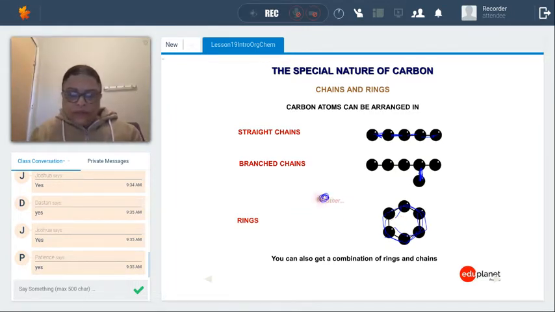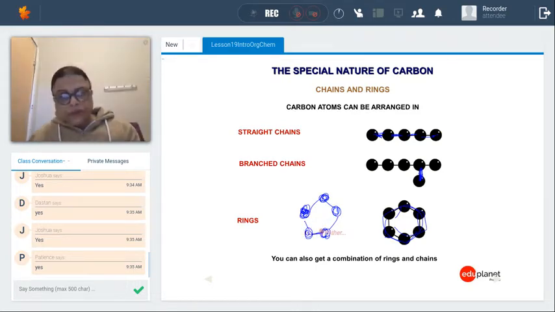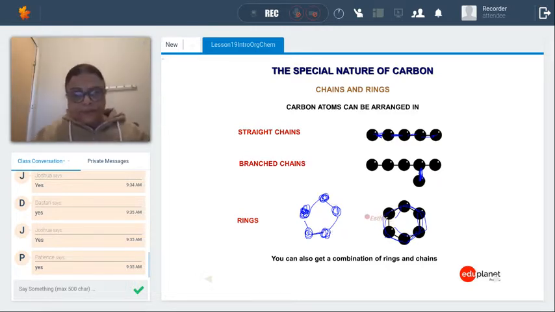So you can have a closed construction with 6 carbons, but you can also have it with 5 carbons, and with 4 carbons, and with 7 carbons. And not only that, you can have a straight chain, a branched chain, a ring, and you can also have a combination of all.